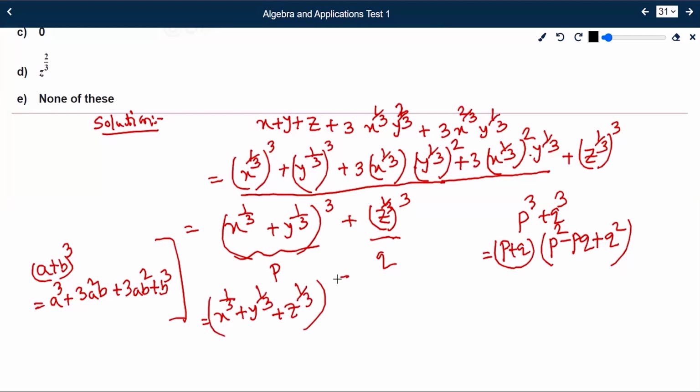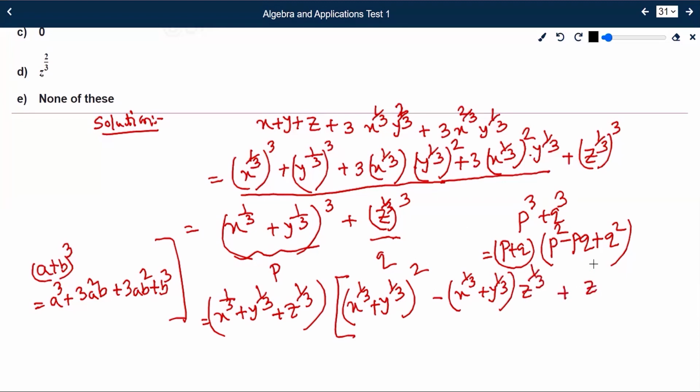Also, x to the power 1/3 plus y to the power 1/3 whole square minus x to the power 1/3 plus y to the power 1/3 multiplied by z to the power 1/3 plus z to the power 1/3 whole square, correct?